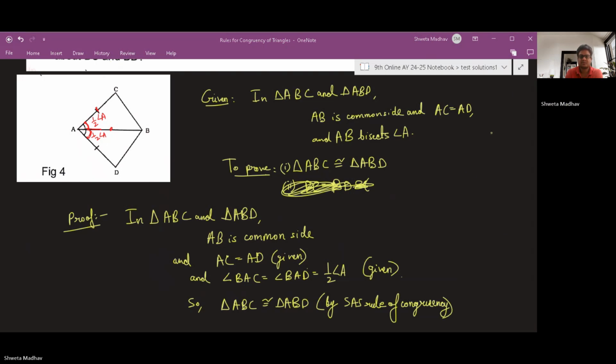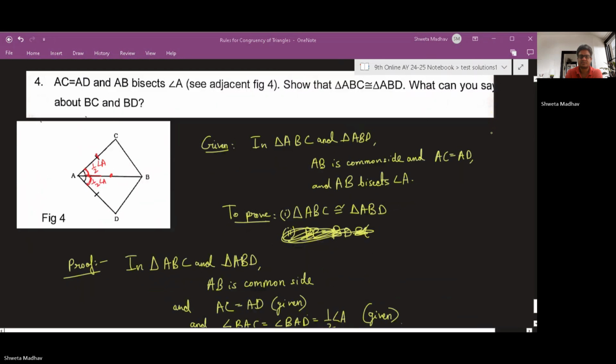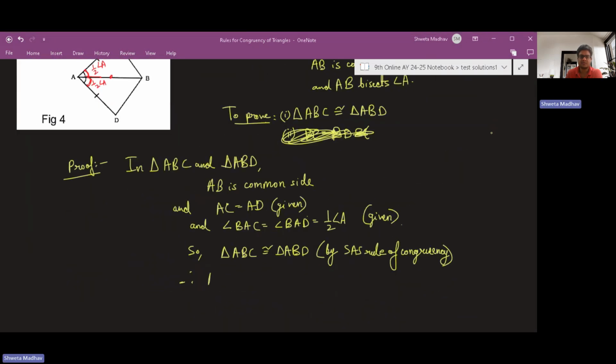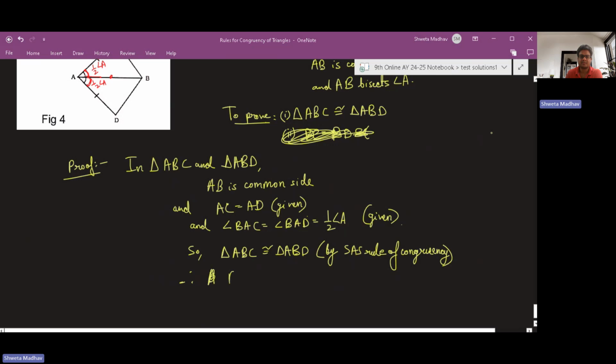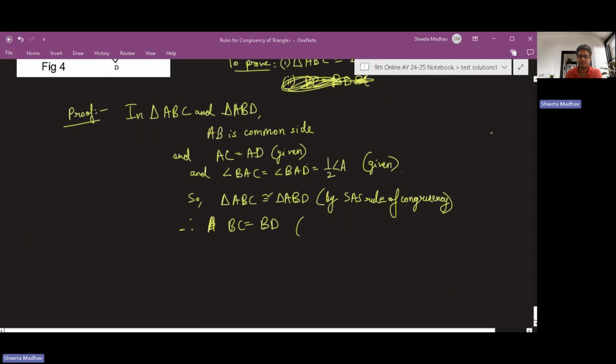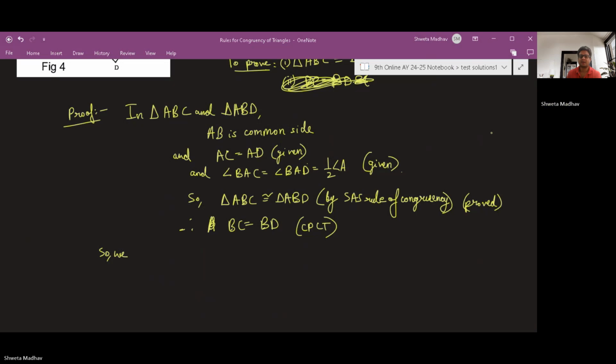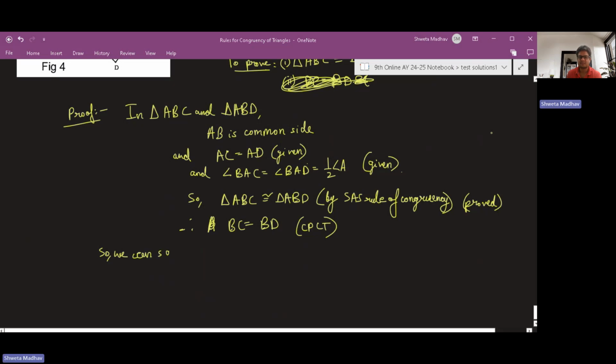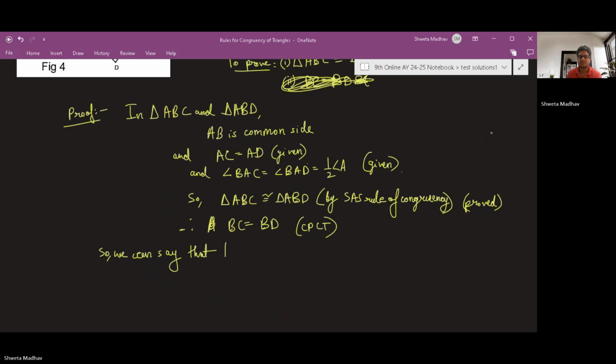So therefore we can also say that BC will be equal to BD, by CPCT. Hence it has been proved that ABC is congruent to ABD, and regarding BC and BD, we can say that they are equal in length.